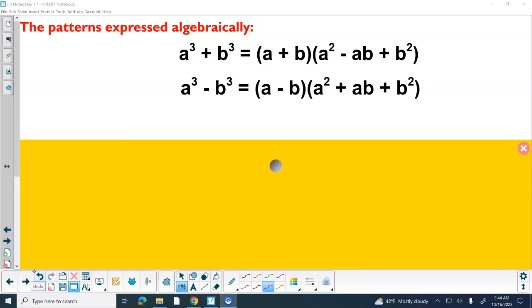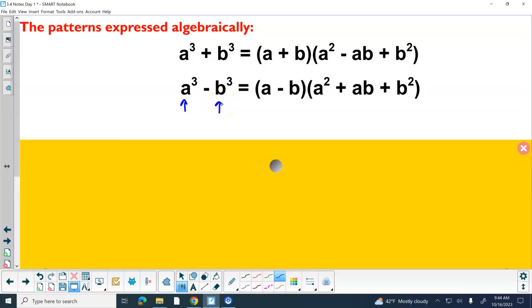So how I attack these problems is first I determine what I am cubing. Remember, we gave you a list of cubic numbers earlier today. And what's a cubic variable again? Exponent is a multiple of 3 or divisible by 3. So I determine what I'm cubing in both spots.